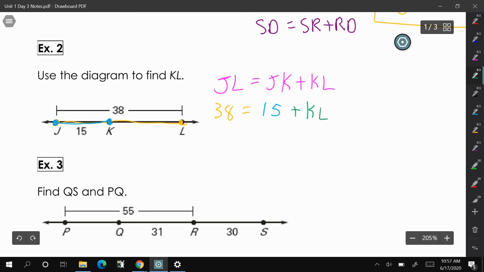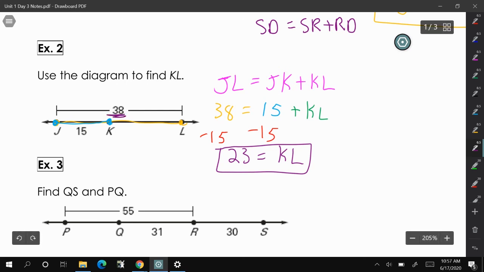So then we can subtract 15 from both sides. And that will give us what KL is, and that's going to be 23. So 23 equals KL. So we had to subtract in this one because we were given the whole measurement, that was 38.